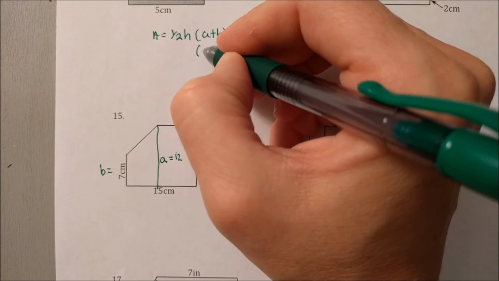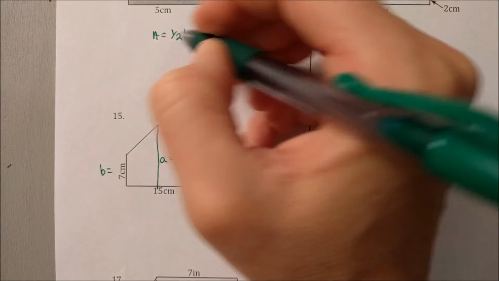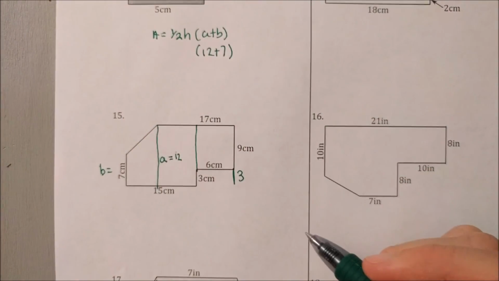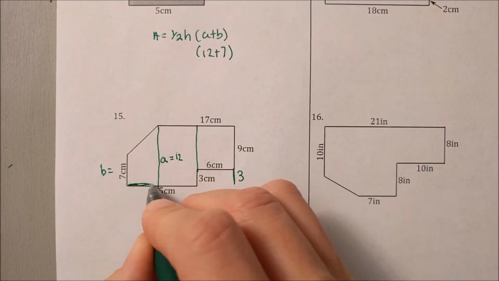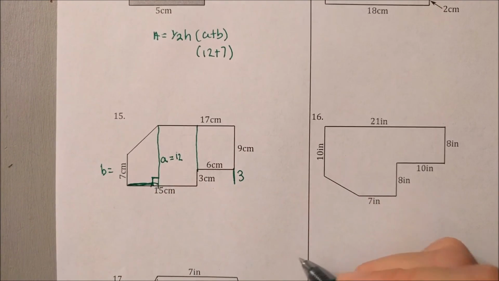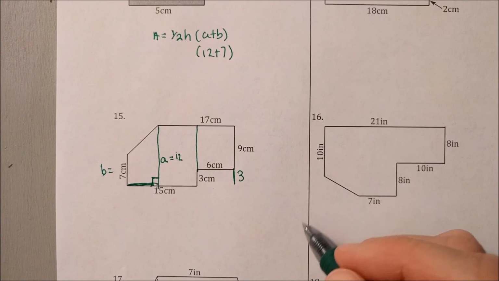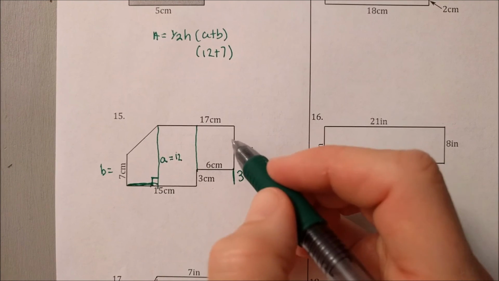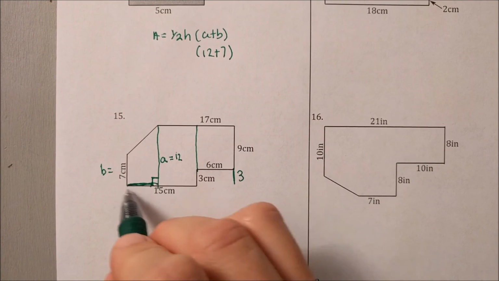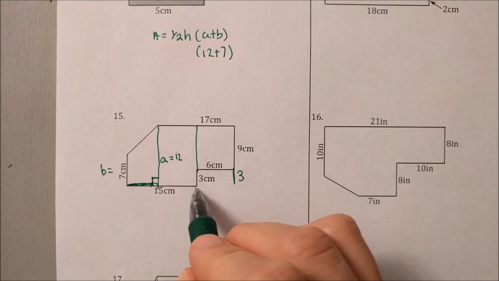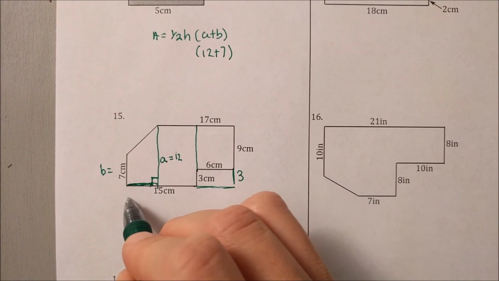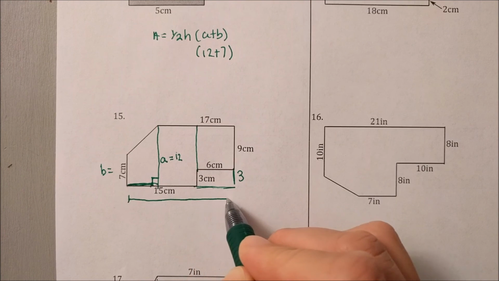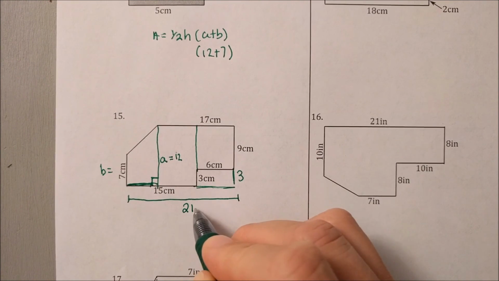So I've got 12 plus 7. My area is 1/2 times the height. Well, this is my height here, this perpendicular right here. So how can I get that? Well, again, I see this is 15, but the whole way across, if I drop down this 6 centimeters here, the whole way across is going to be 15 plus 6 is 21 centimeters.